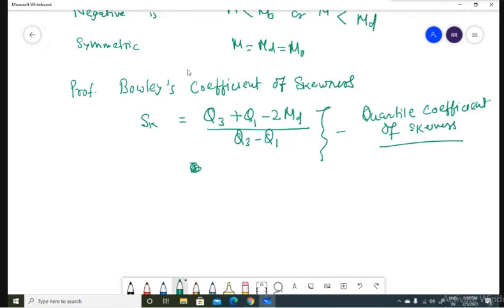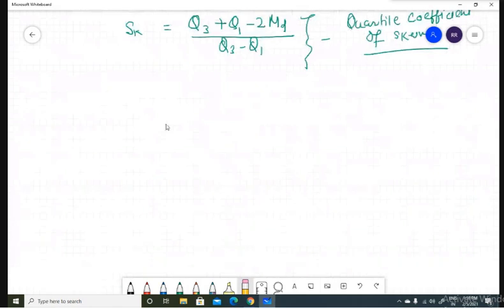Okay, so this was all about Bowley's coefficient of skewness. Next, before defining other coefficients of skewness, let us define some beta and gamma coefficients.